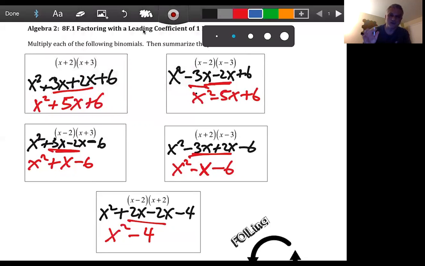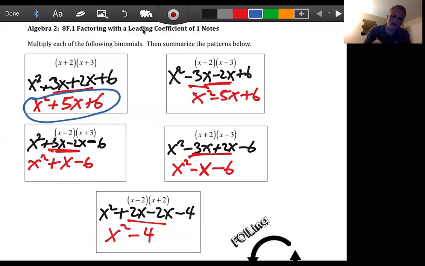In factoring, we're going to start with this, and you have to give us those. You have to guess what times what gave me positive 6, and what plus what gives you positive 5. Well, it was positive 2 and positive 3.